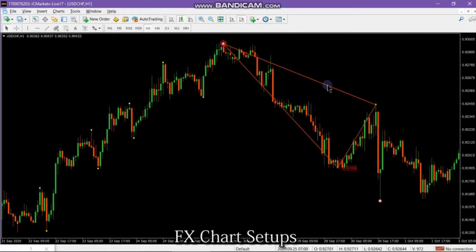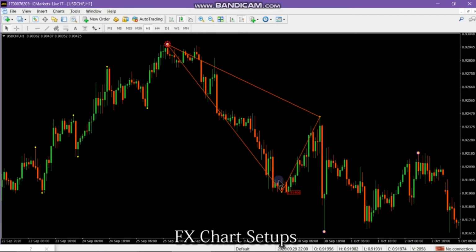I'll go into another example of how this looks for those double bottoms. We have this extreme peak signified by the sun. After this peak, we have that neckline. We see that small yellow dot there, and after that, we have the second peak being formed, signified by another yellow dot.